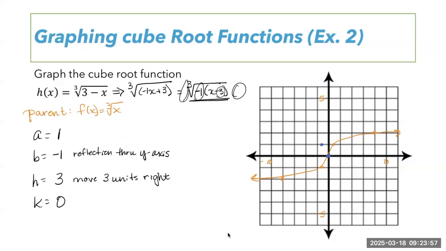My (8, 2) point becomes (-8, 2). So it reflects to this position. My (-1, -1) point becomes (1, -1). So it reflects over here. And then my (-8, -2) becomes (8, -2) and reflects over here. So now I have a reflection through the y-axis that looks like this. Okay, mirror image.